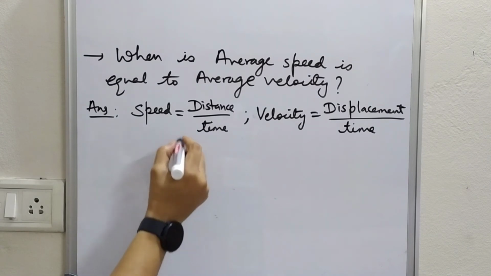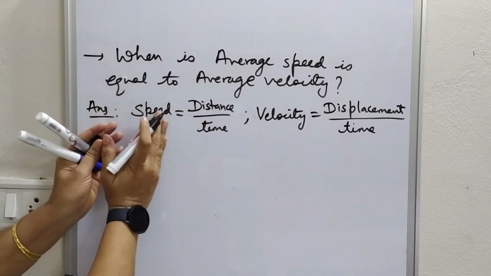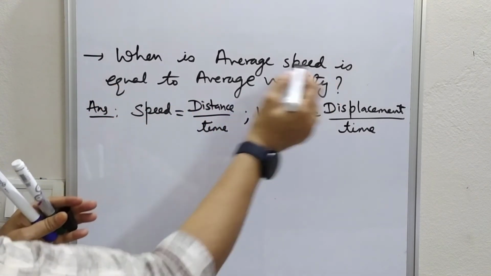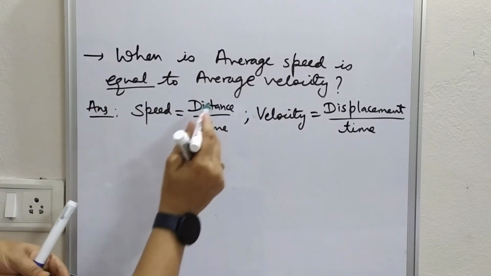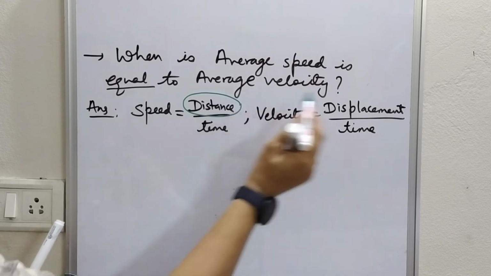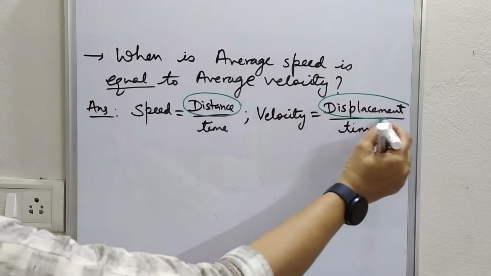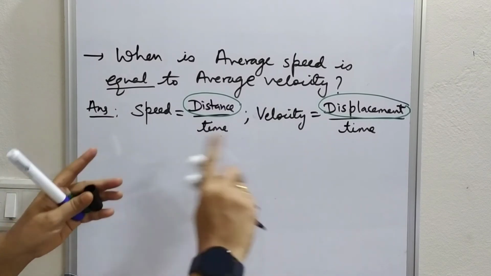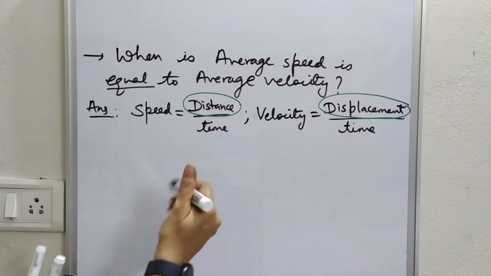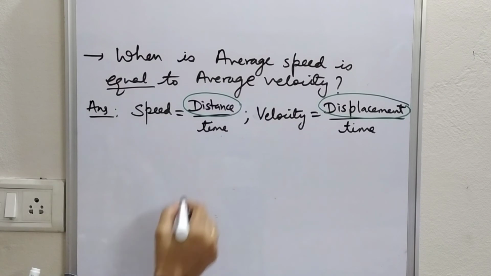Here, average speed and average velocity will be equal only when the distance becomes equal to displacement, since time is common for both the cases. And when do we find distance and displacement the same?